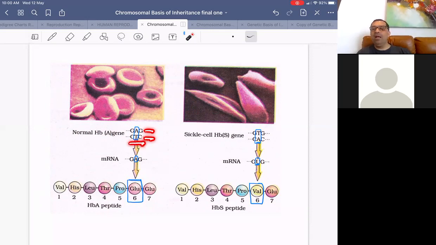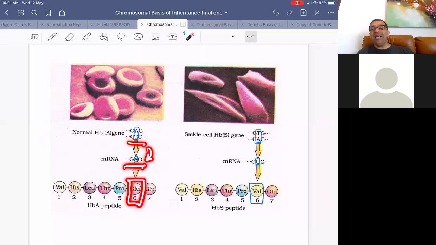CTC is the template, so CTC will undergo transcription to make an mRNA complementary, GAG. What is complementary to CTC? GAG. CTC forms GAG, which is complementary to it, and GAG codes for glutamic acid.